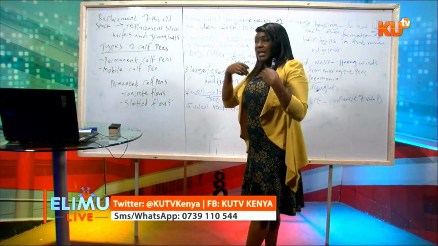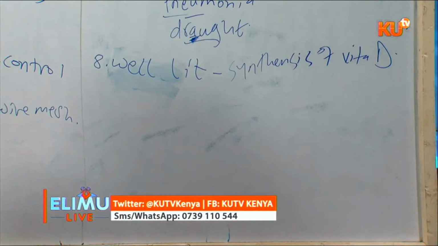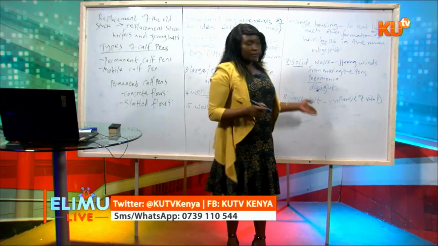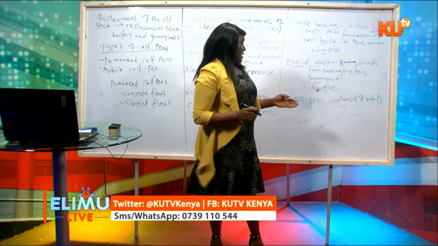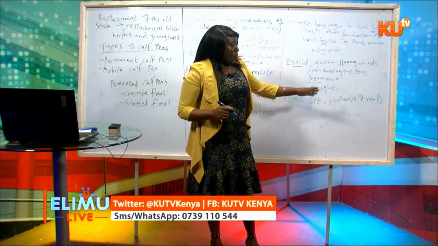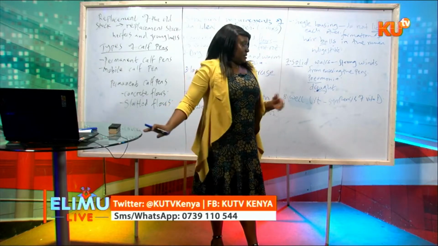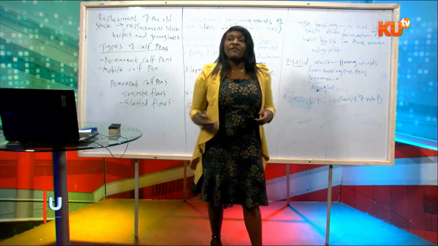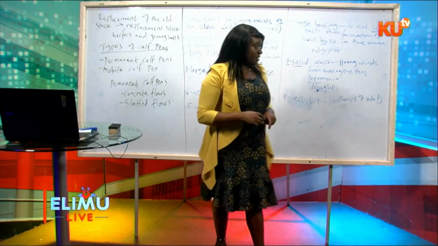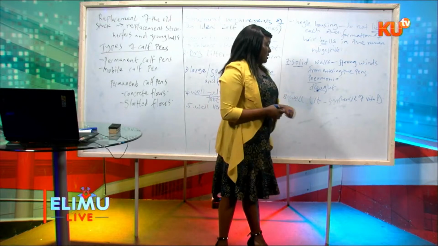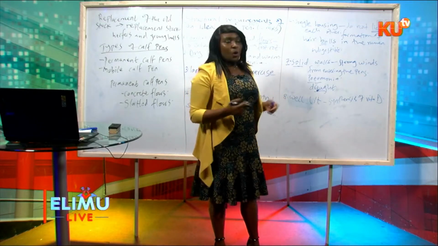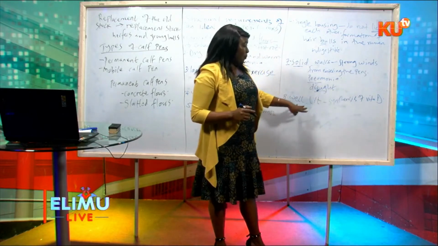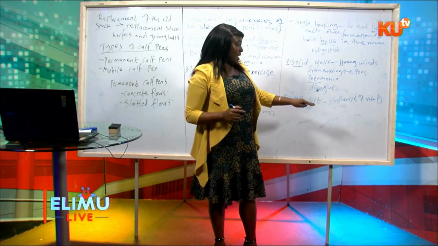And again, I would like to pose a question, and I'm expecting a response on the SMSs. What is the deficiency brought about by lack of enough vitamin D? Deficiency of vitamin D causes which disease, whether to livestock or to human? So we need to know why we need to keep the calf pens lit.